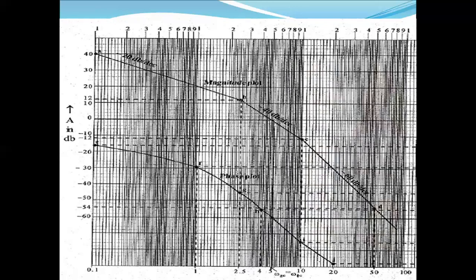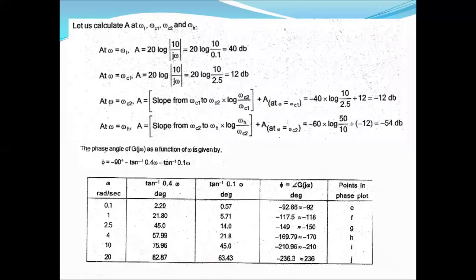In this picture I have not shown the angle. The angle is marked on the right side. It's not shown here, but from the angle curve, consider minus 180 degree.